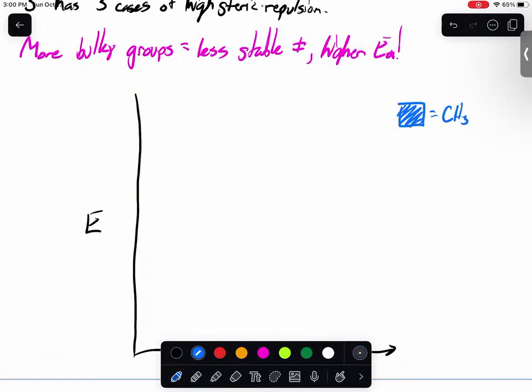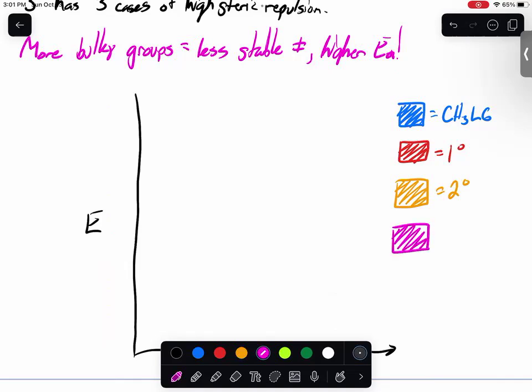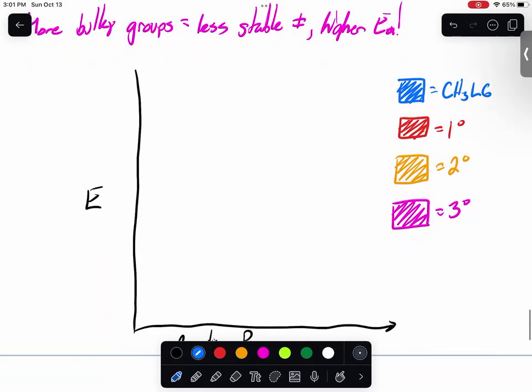So let's just say the first one's the CH3 with the leaving group. Second one is primary. Next one is secondary. And then we'll have pink for the old tertiary. Okay. All of them actually start and end at the exact same point, right?